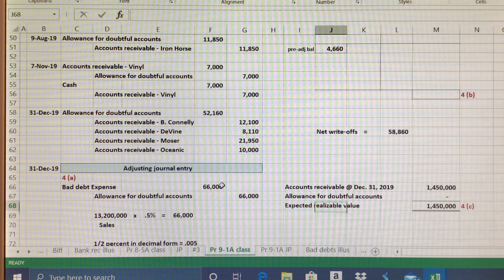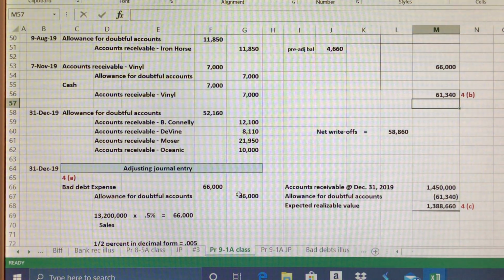Now if we plugged in over here our adjusting journal entry, it's a credit to the allowance account, we wind up with a balance of $61,340. Now what happened? What was different there?